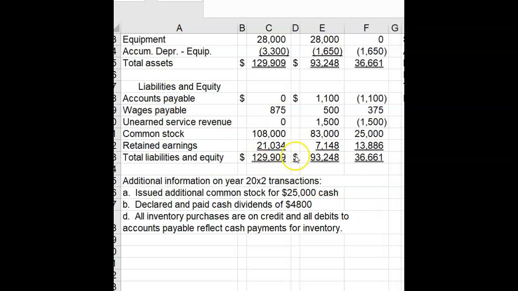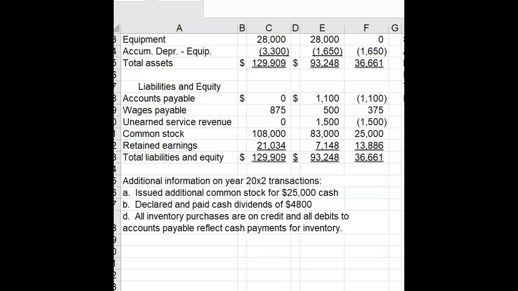That's $21,034 minus $18,686 net income minus $7,148 beginning retained earnings equals $4,800. We should only show the $4,800 in the financing section on the statement of cash flows if the company paid dividends in cash.